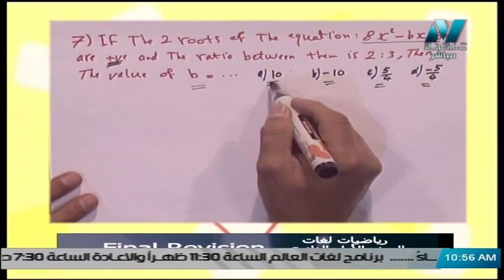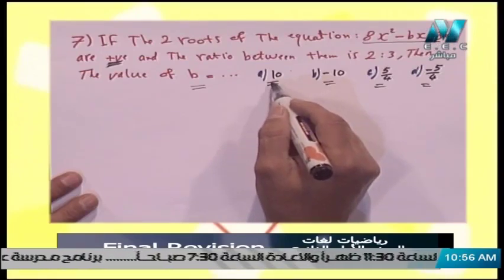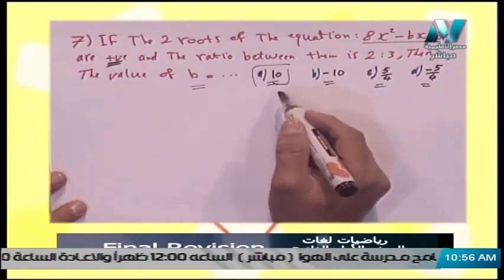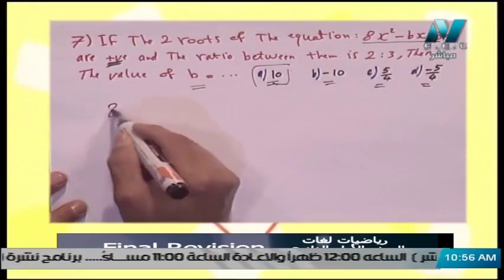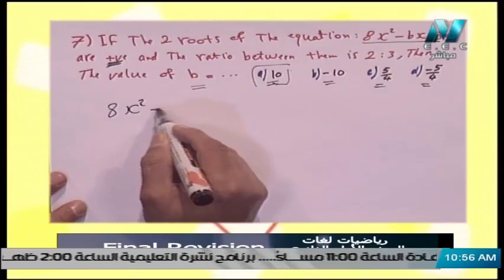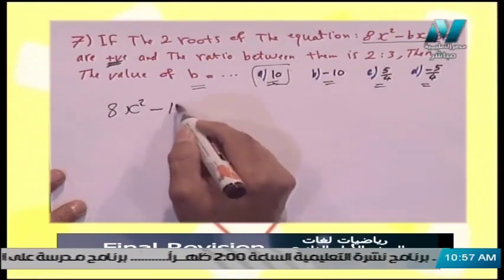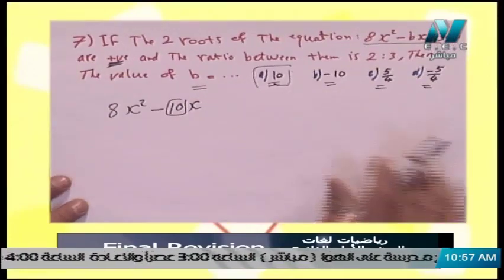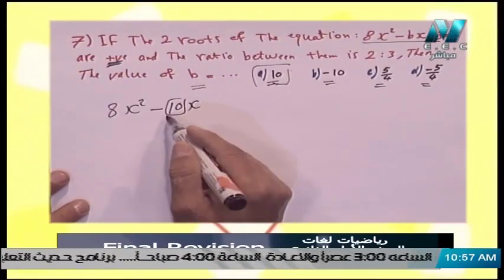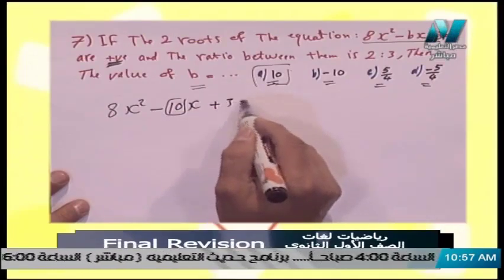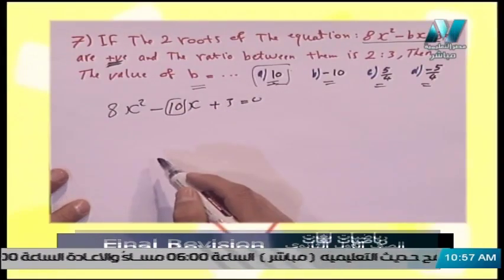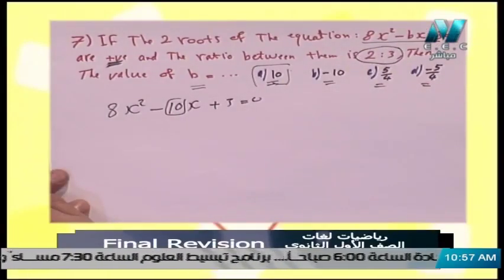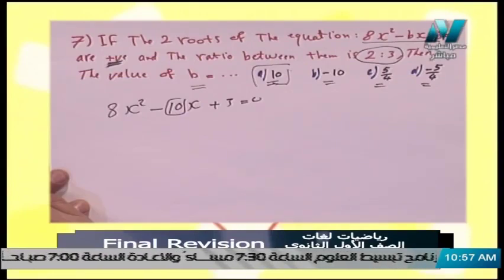Okay, let's first substitute b by 10 to find out is it right or wrong. Here 8x power 2 minus 10x, we put here b as 10. We try to find out is it 10, is it right or not, plus 3 equals 0. And we have here the ratio between two roots, 2 to 3.